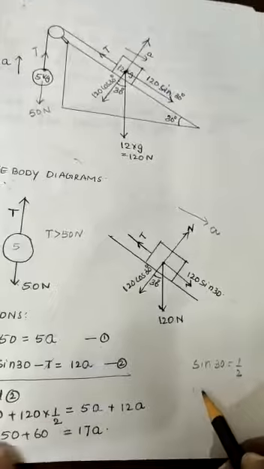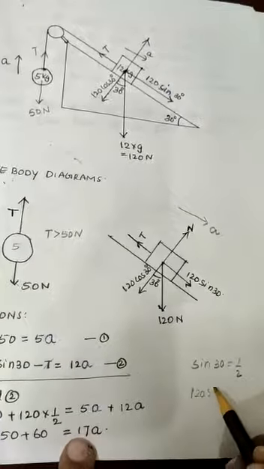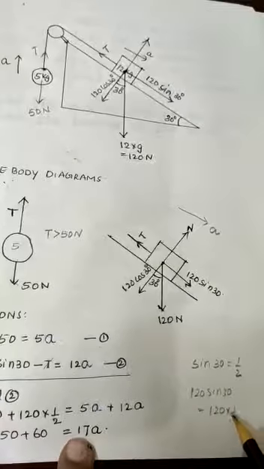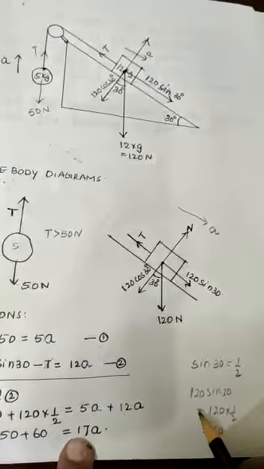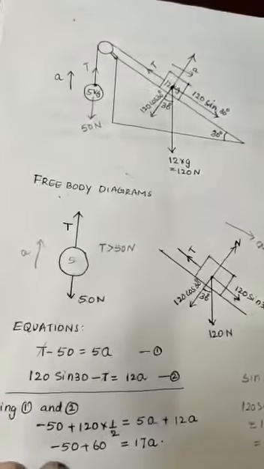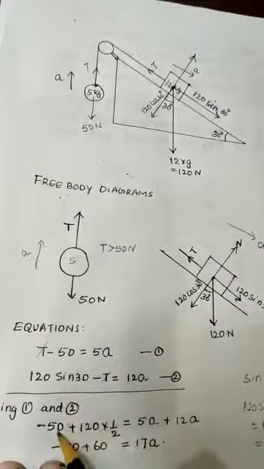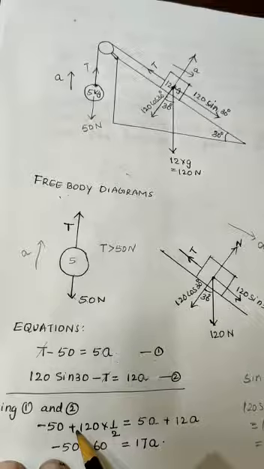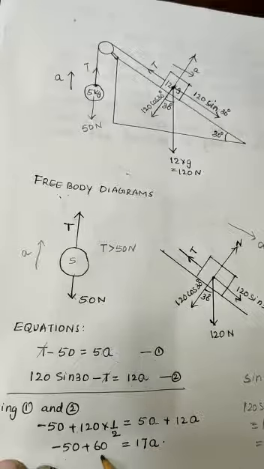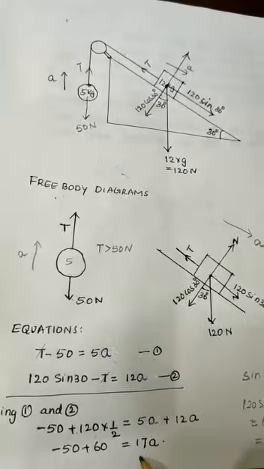So, 120 sin 30 is 120 into half, which is 60. So, you get the equation as minus 50 plus 120 into half equals 5a plus 12a, and you get minus 50 plus 60 equals 17a.